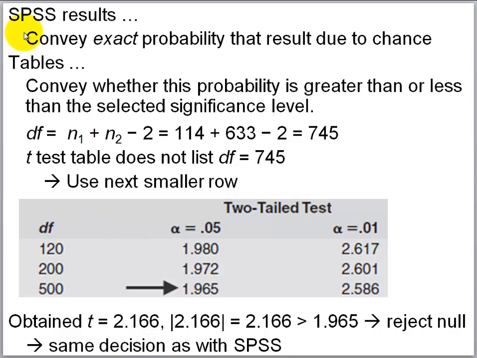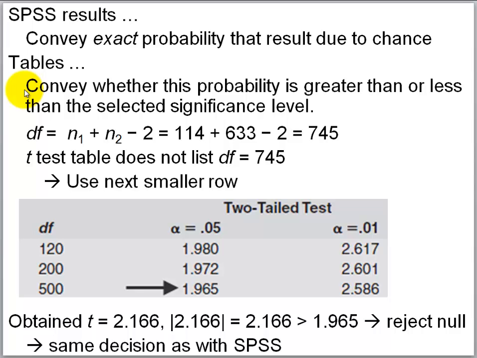Now, computer software package results convey exact probabilities. In other words, the exact probability that the result is due to chance alone was 0.031. On the other hand, tables, such as those that we're using in the text, convey whether the probability of the study sample result is greater than or less than the selected significance level.